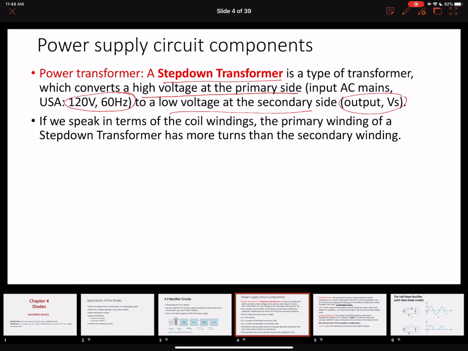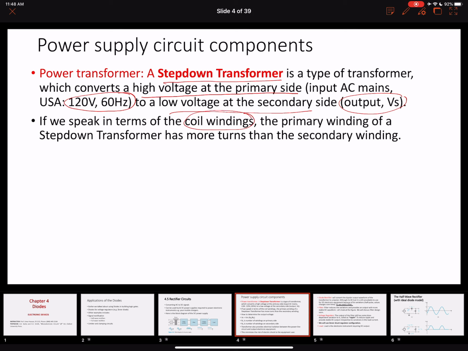Similarly, in terms of the windings, I don't know if you already know how to design step down or step up transformers. Essentially what you do is very simple. There's a bunch of other components, but the main component is to change the number of coil windings on the primary or the secondary side.